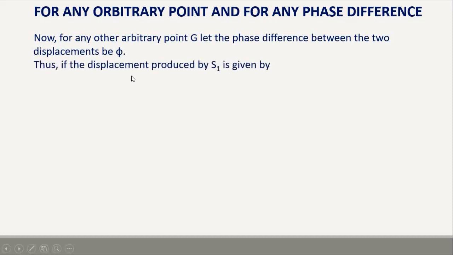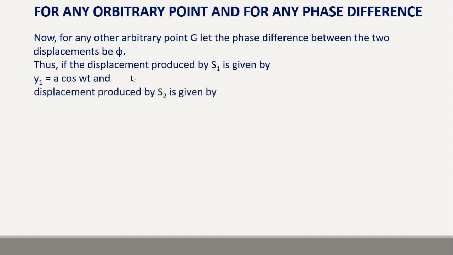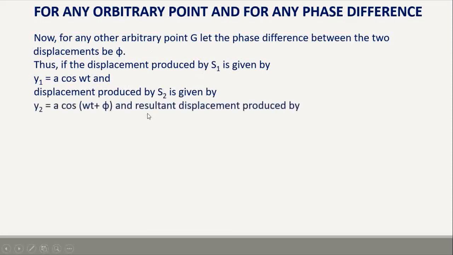So let us start with the displacement produced by S1, which is y1 equal to A cos omega t, and the displacement produced by S2 is y2 equal to A cos (omega t plus phi), where phi is the phase difference. The resultant displacement according to the principle of superposition is y equal to y1 plus y2, which is A cos omega t plus A cos (omega t plus phi).